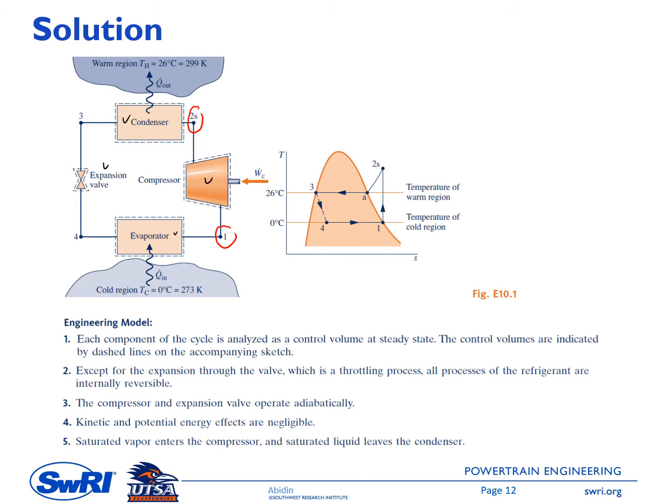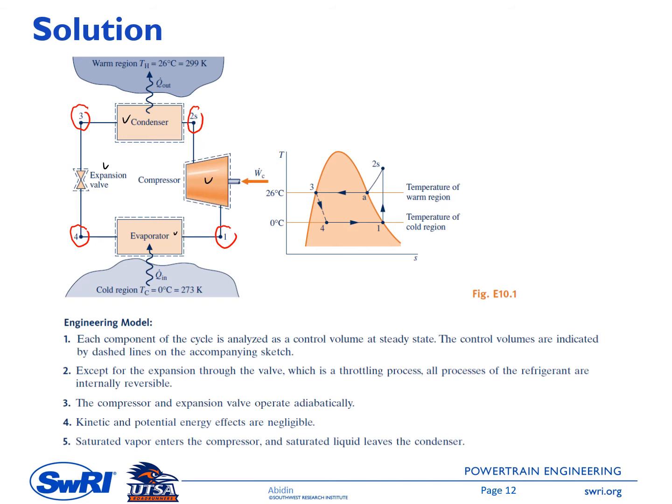This is an isentropic process, so we have 2S. Point 3 is at the exit of the condenser or the entrance of the expansion valve. And point 4 here is at the exit of the expansion valve. And then the TS diagram is on the right side here.